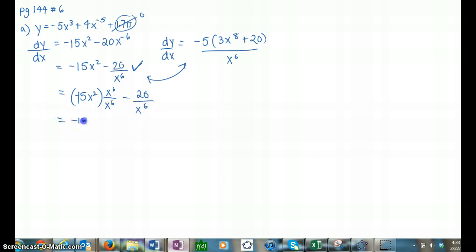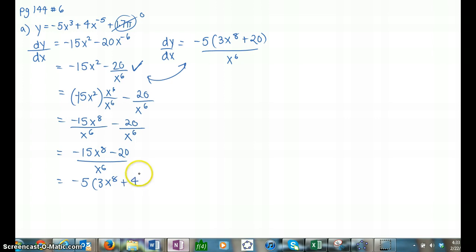So it'd be negative 15x to the 8 over x to the 6 minus 20 over x to the 6, which is just negative 15x to the 8 minus 20 over x to the 6, and then I can factor out a negative 5, and I'm left with... that should be plus 4. Okay, so the answer in the back of the book, I'm checking, it was plus 4. So they're the same thing.